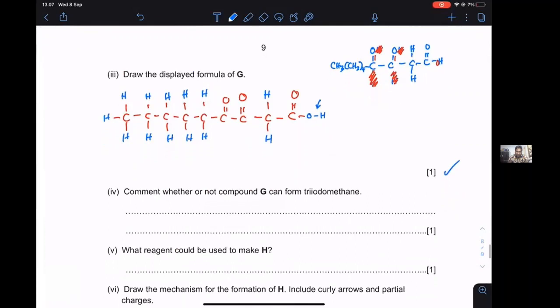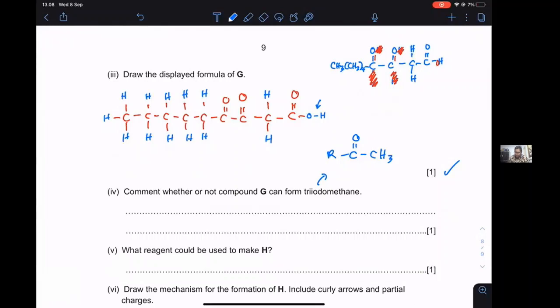Anyway, now comment on whether compound G can form triiodomethane. It can form it if you have carbon double bond O, CH3 and R, which G doesn't have.